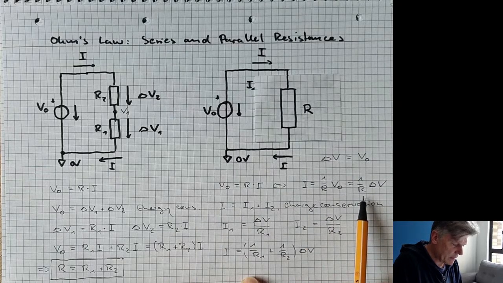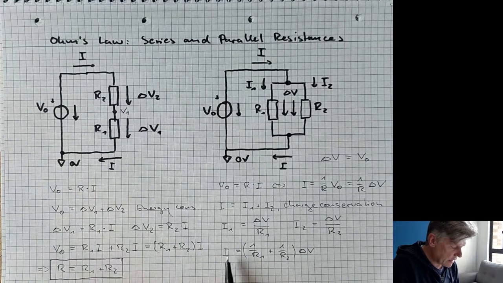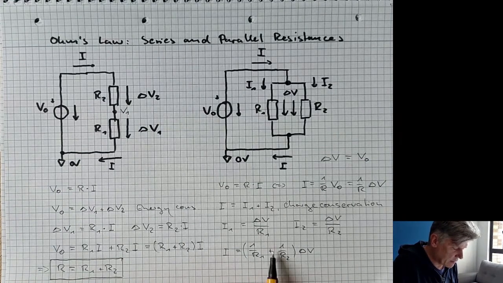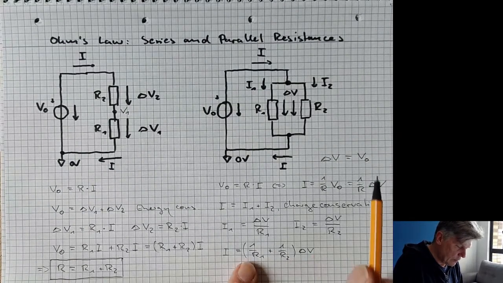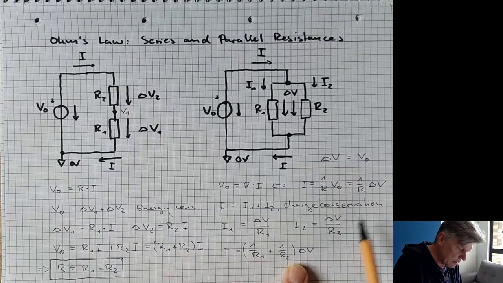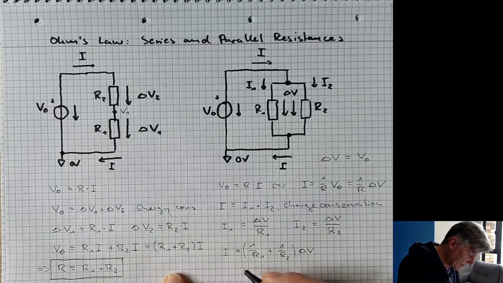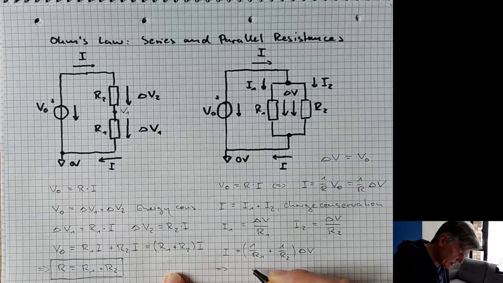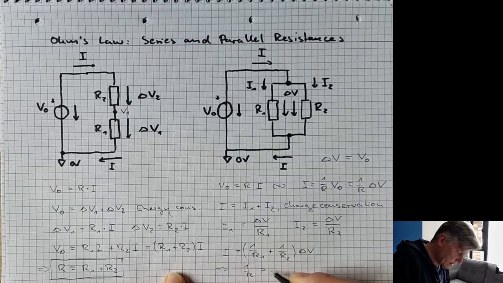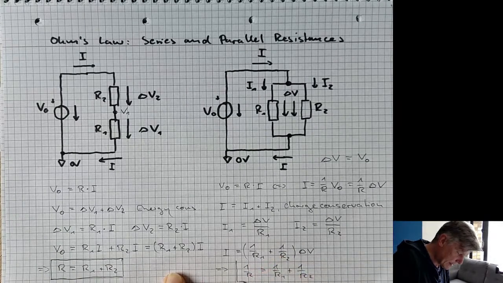When we look more closely, we say I is, in brackets, 1 divided by R1 plus 1 divided by R2, times delta V. And again, we are talking about the same current, we are talking about the same delta V, which means it follows that 1 divided by R is 1 divided by R1 plus 1 divided by R2.